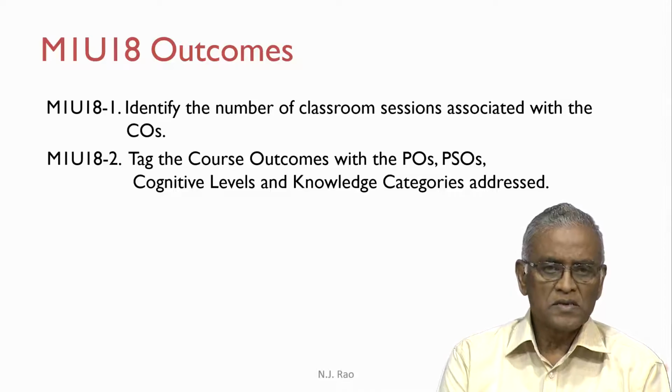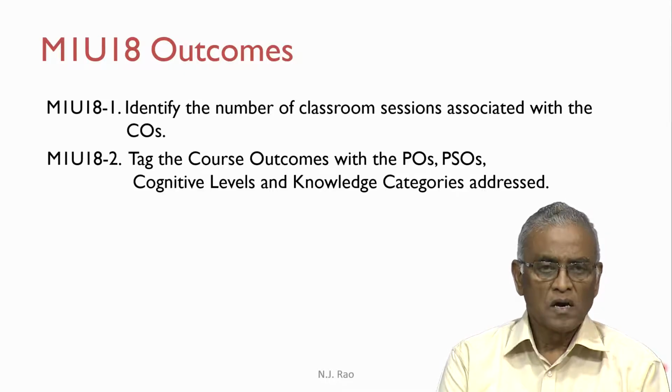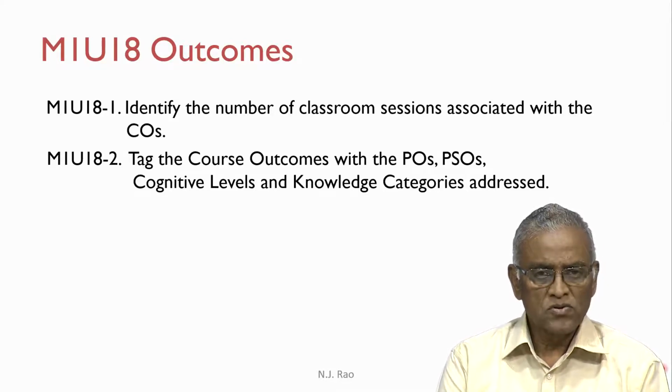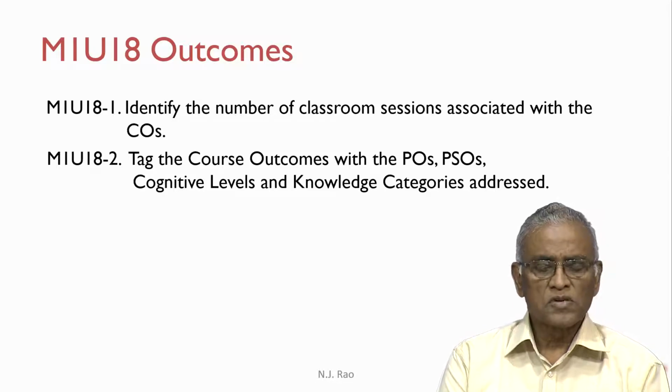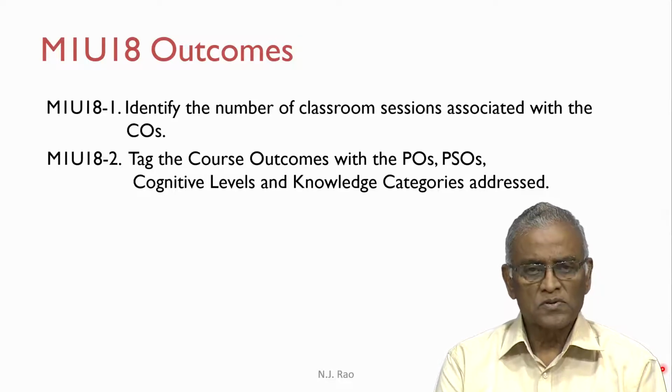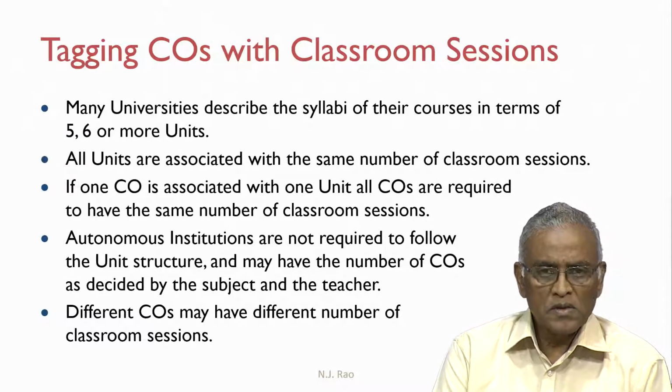Then we tag each course outcome with the POs or PSOs, cognitive levels and knowledge categories addressed, because each course outcome is first of all associated with one cognitive level through its action verb, and then we have one or more knowledge categories that are addressed, and now we also want to associate which are the POs and PSOs that a course outcome addresses.